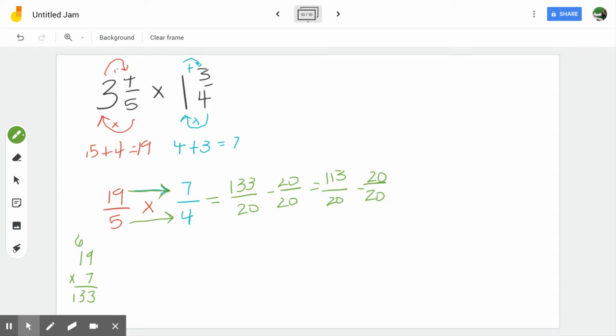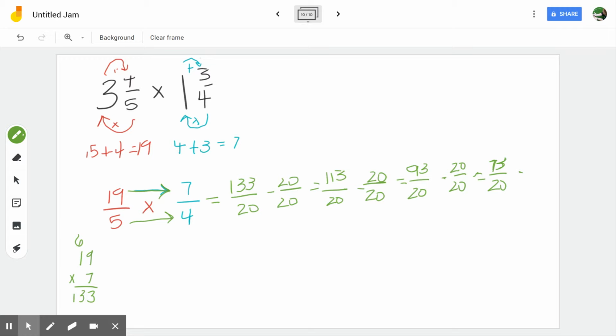And 113 minus 20 is 93/20ths. It's still improper, so we can do another one, 20/20ths. And that gives us 73/20ths. And I'm starting to run out of room here, which is why in the next couple of slides, I'm going to show you a quicker way of doing this.